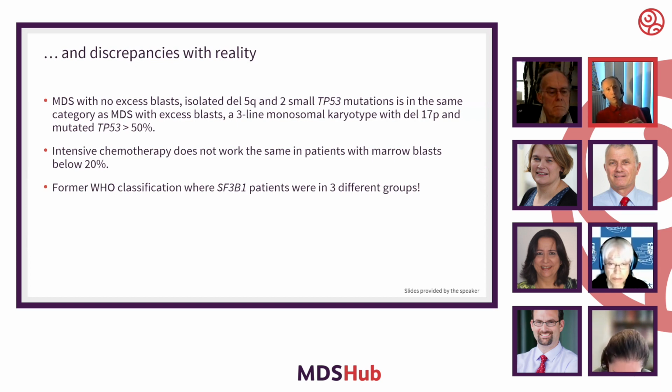And we also know that intensive chemotherapy does not work the same in patients with marrow blast below 20%, overall. I'm not saying some overall. And it reminds me of a former classification where patients with SF3B1 were classified in 3 different groups, and that changed again. So those changes are largely made, and I must say, without a real clinical discussion every time. I've participated in some of them, and there was very limited time for discussion.